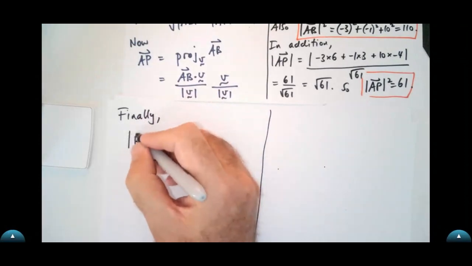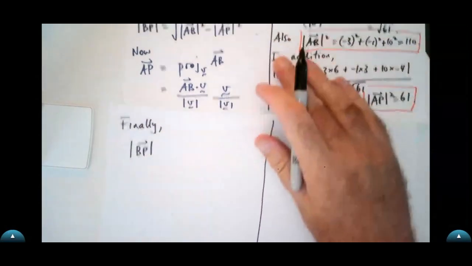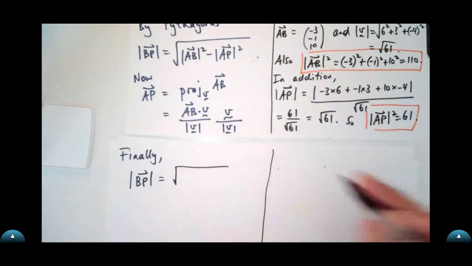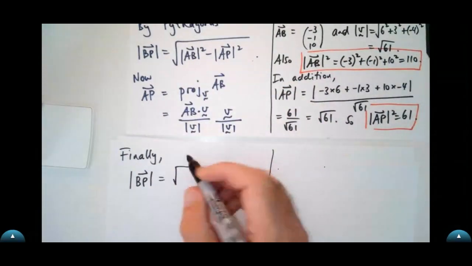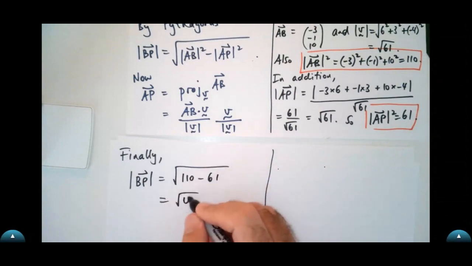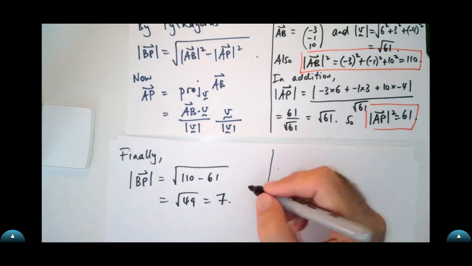Okay. So we're using Pythagoras' theorem there. It's going to be 110 minus 61, square root, which is 49. We get 7.